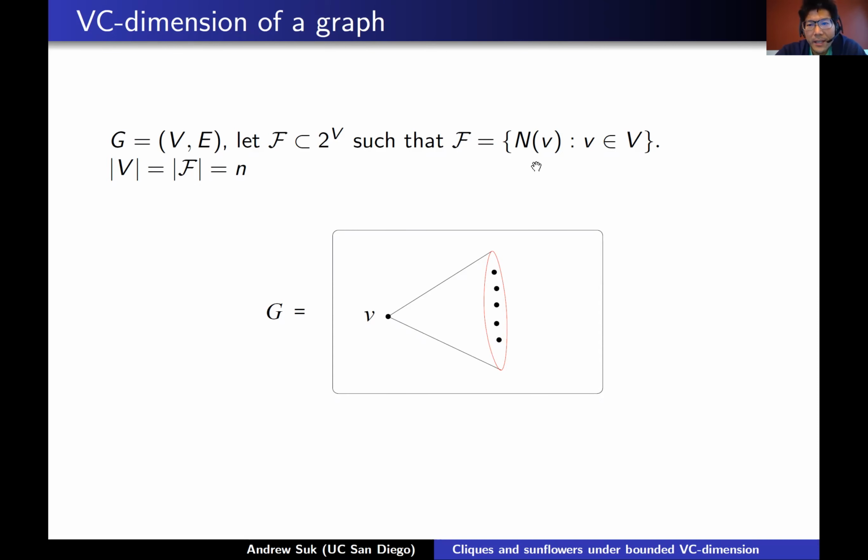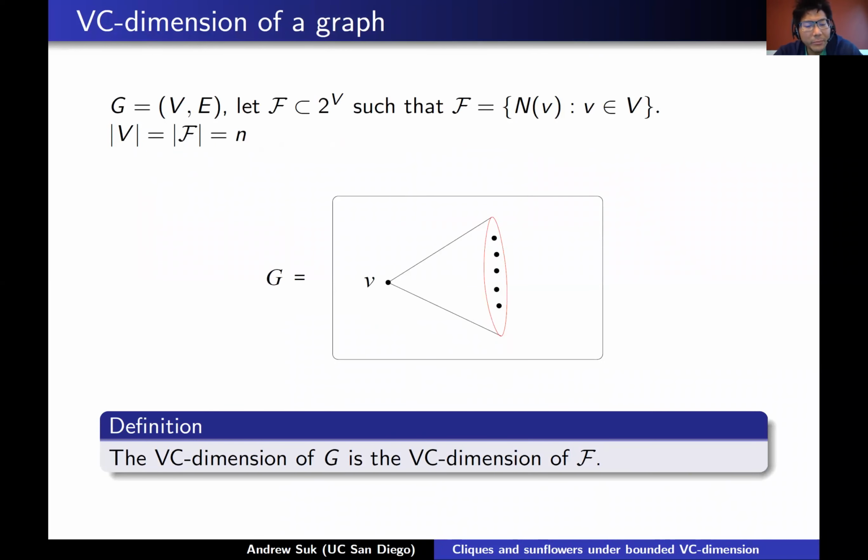And if I collect all of these neighborhoods generated by each vertex, I get this set system F. I'll often refer to this set system as the neighborhood set system. In particular, this neighborhood set system has n vertices and exactly n sets, possibly with multiplicity. And so we define the VC dimension of this graph G to be simply the VC dimension of its neighborhood set system.